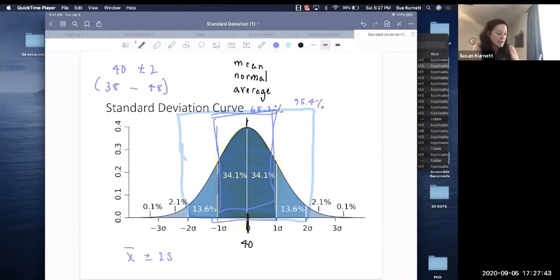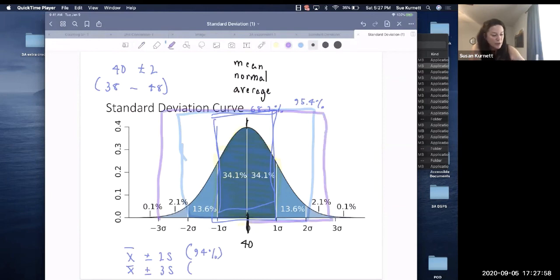If you had plus or minus 3 standard deviations, that would be this range. So what I'm referring to is just the area under that curve is 99% of everything. So we had 2.1 plus 13.6 plus 34.1 doubled.